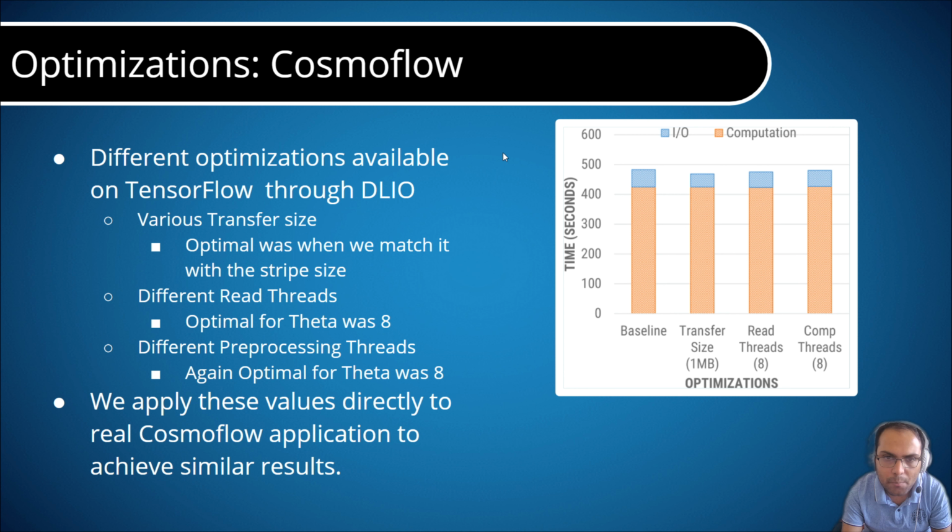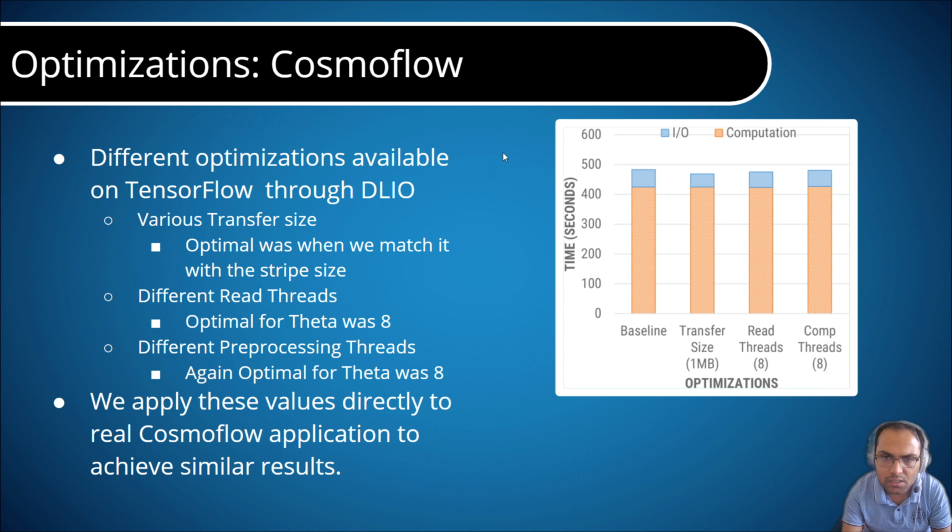Then we used our microkernel of the CosmoFlow application within the DLIO benchmark and tried different optimizations available in the TensorFlow framework, such as transfer sizes, read parallelism, and pre-processing parallelism. We measure the ideal parameters for each of these cases and then directly apply them to the real application on the right.